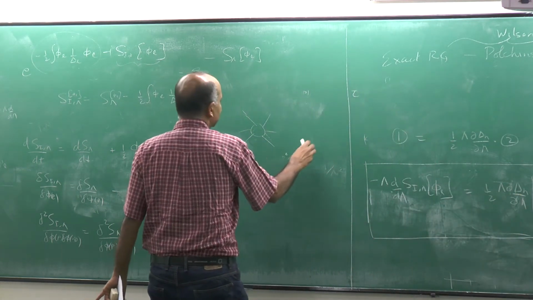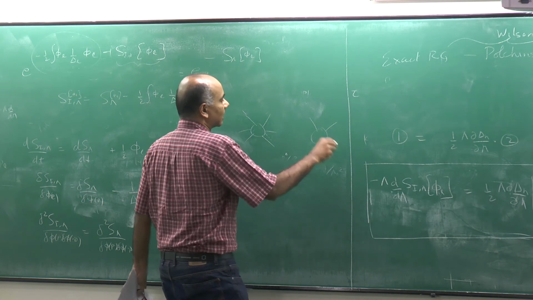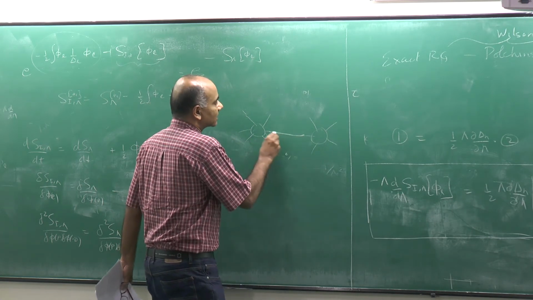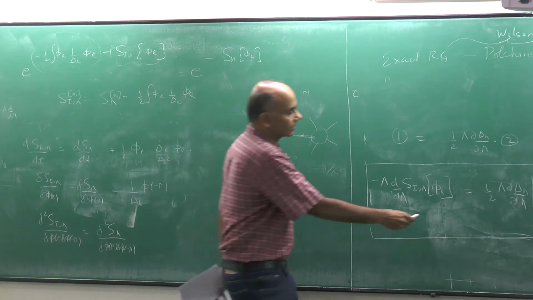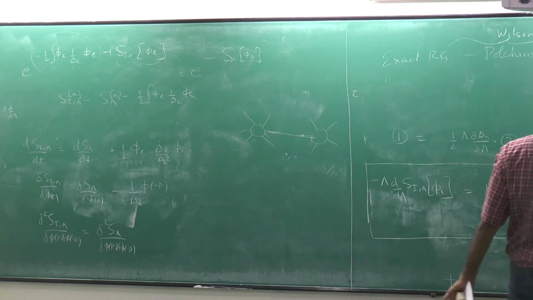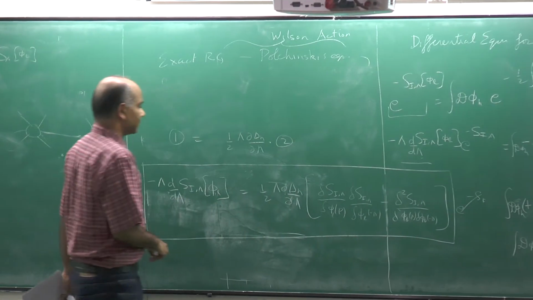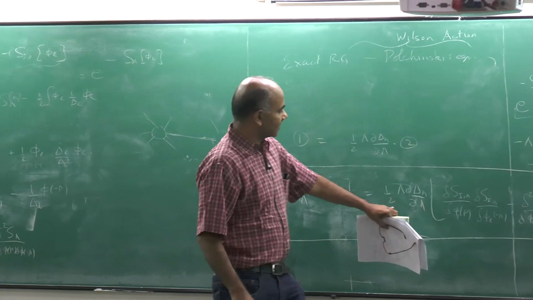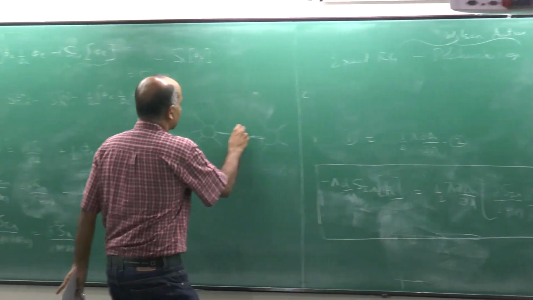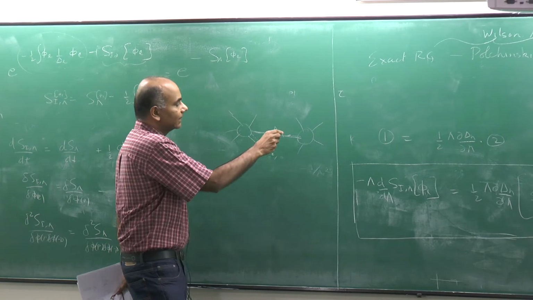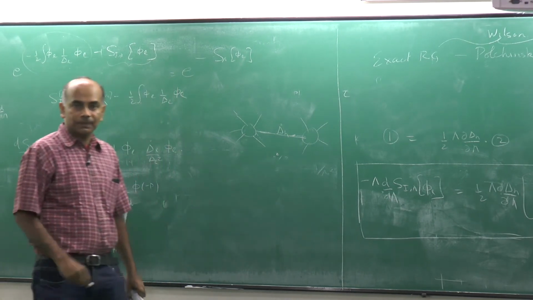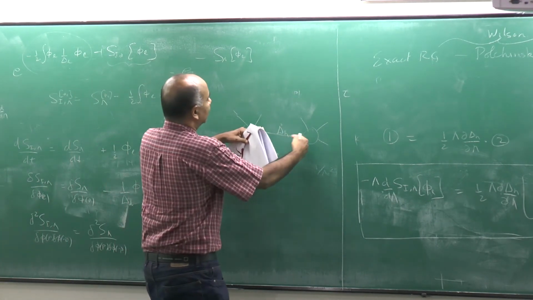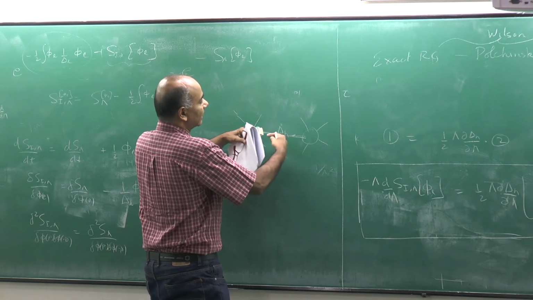It combines two of these with arbitrary numbers of phi, contracts one leg with this propagator delta, and then differentiates that. What is the effect of doing this Feynman diagram?